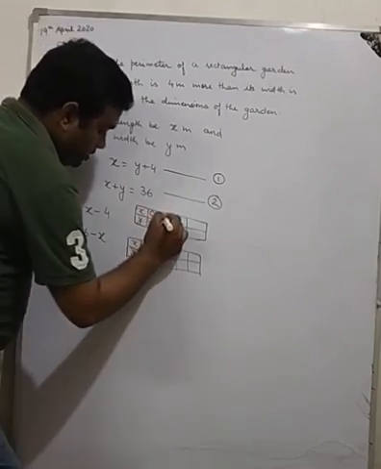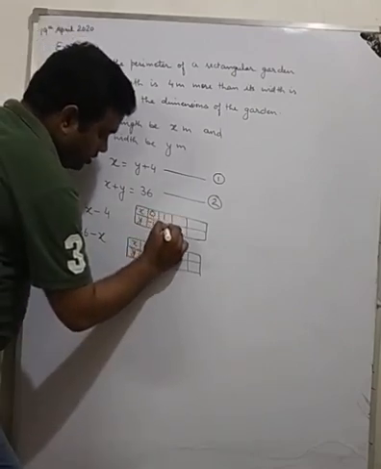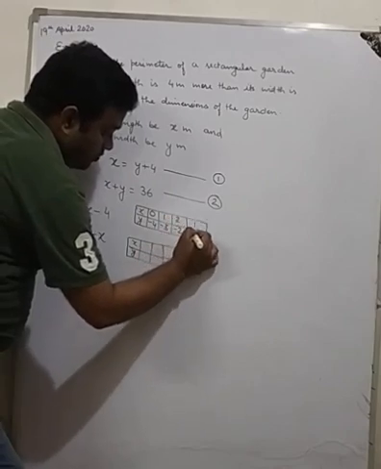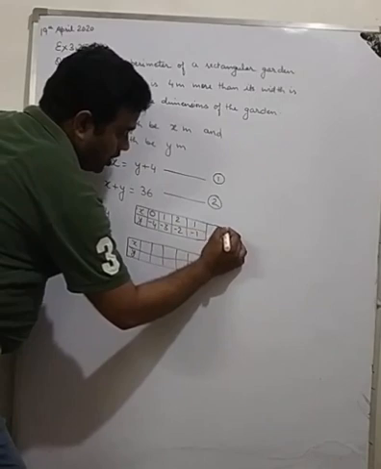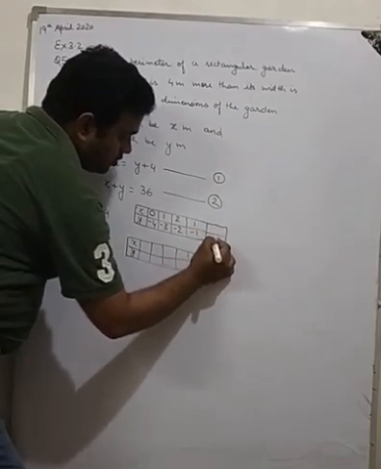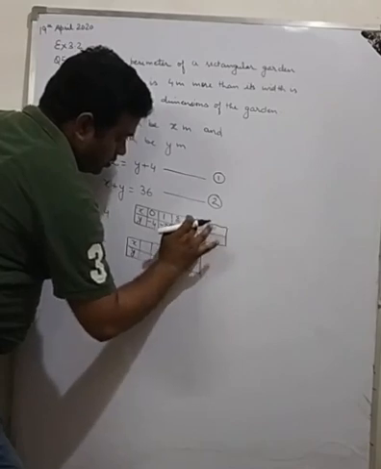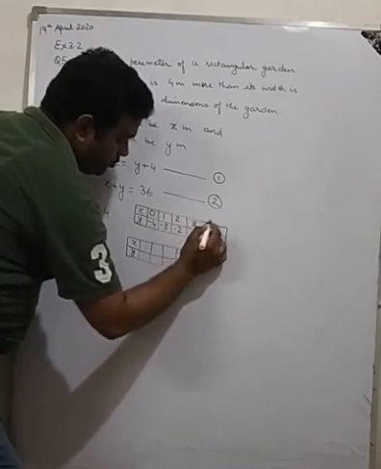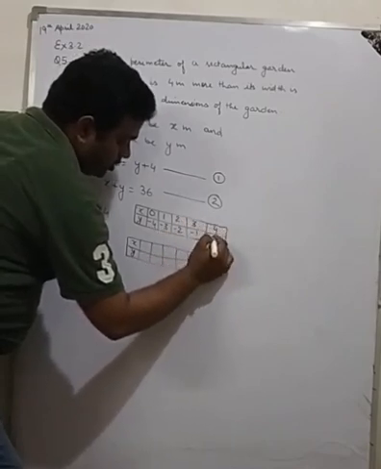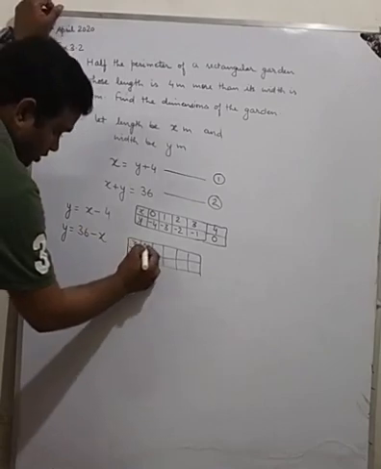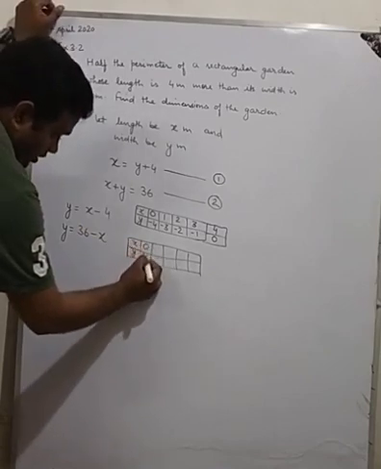If we put x is equal to 1, it's minus 3. For 2, minus 2. For 3, minus 1. And for 4 it is 0. Here, if we put x is equal to 0, it is 36.